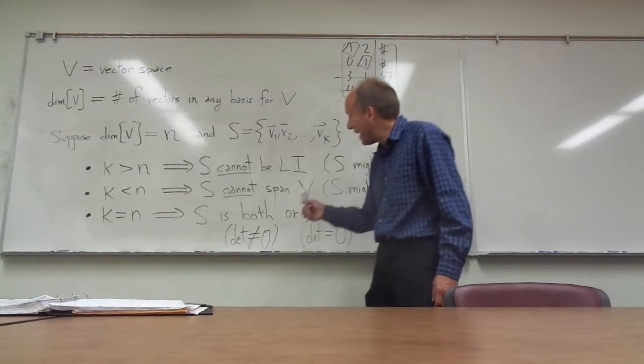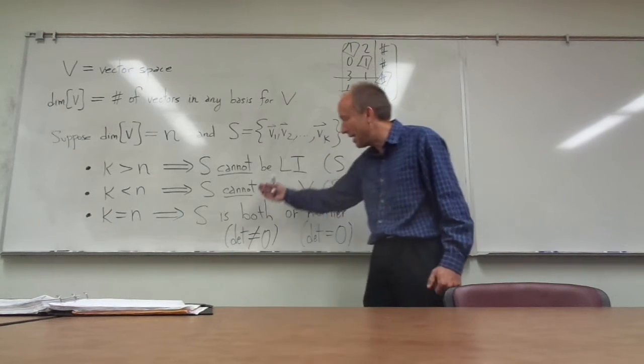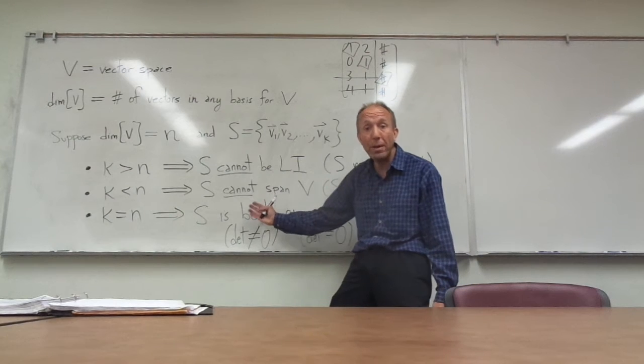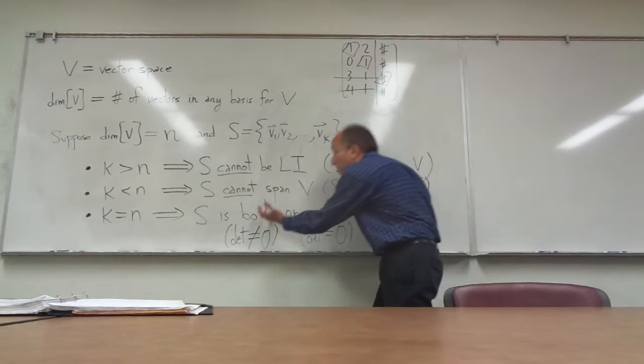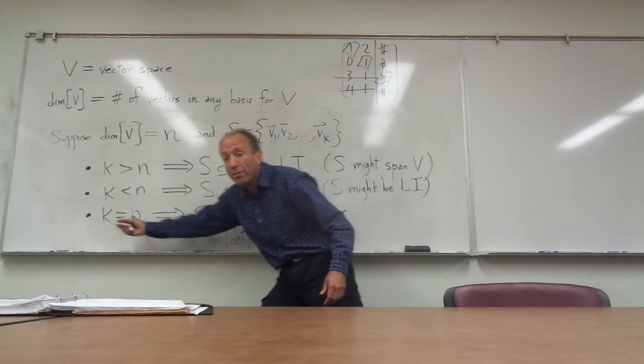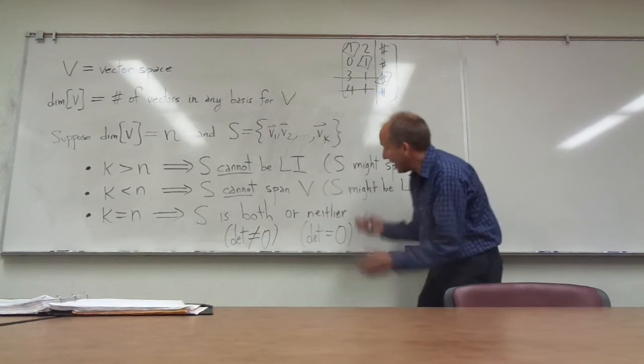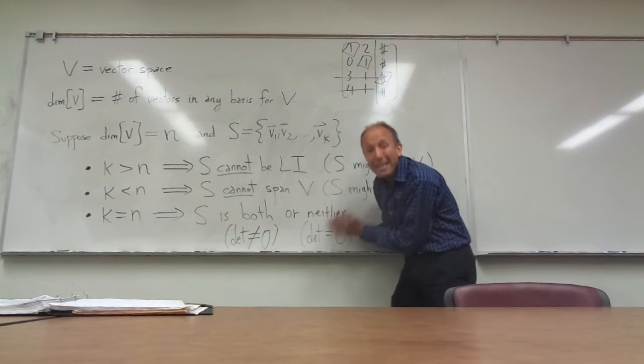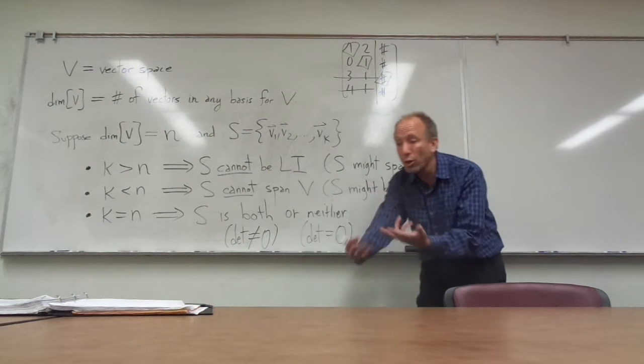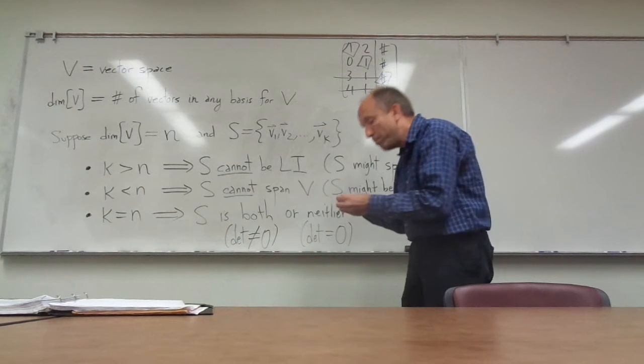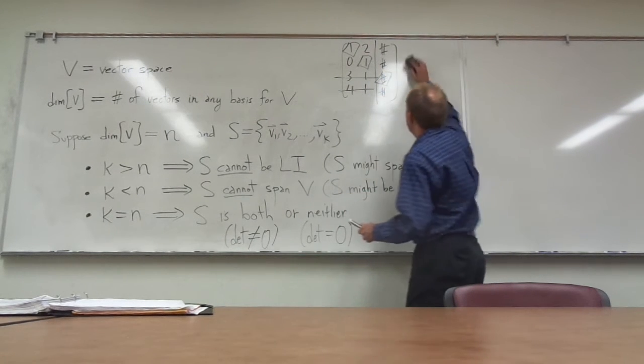That's going to mean that S is both a spanning set and linearly independent. In other words, it's a basis. But if I gave you the correct number of vectors and it's not a basis, I can promise you that it's going to be neither a spanning set nor linearly independent. Both conditions are going to fail.